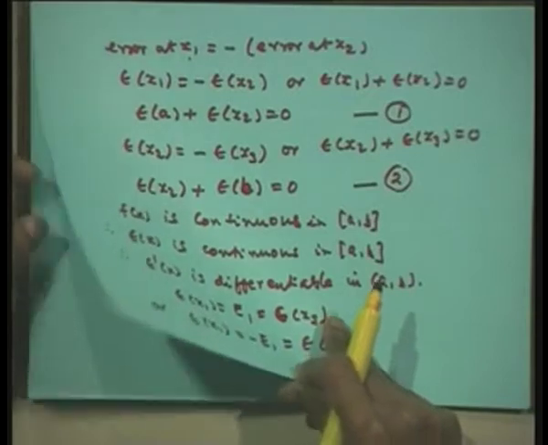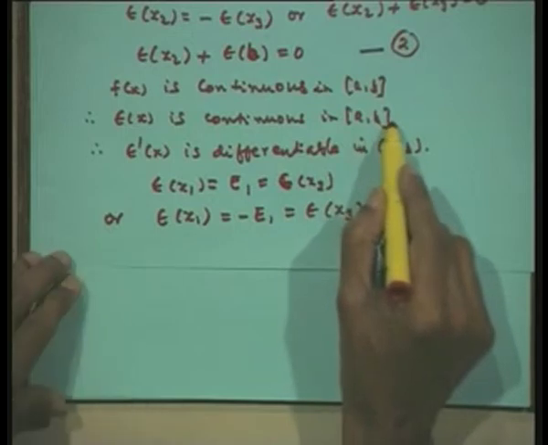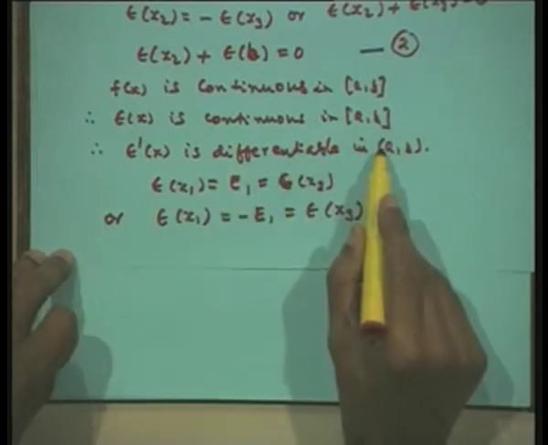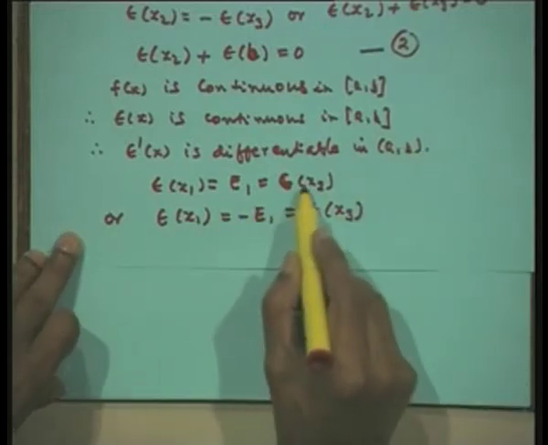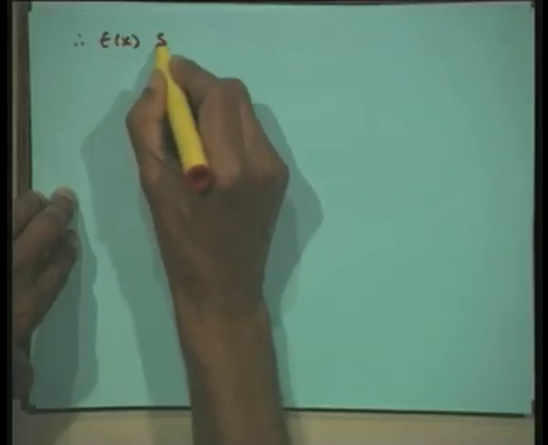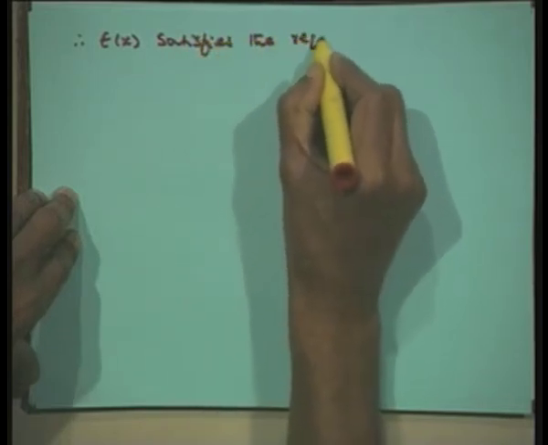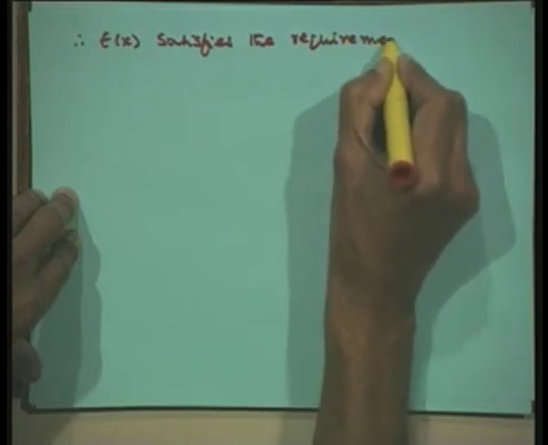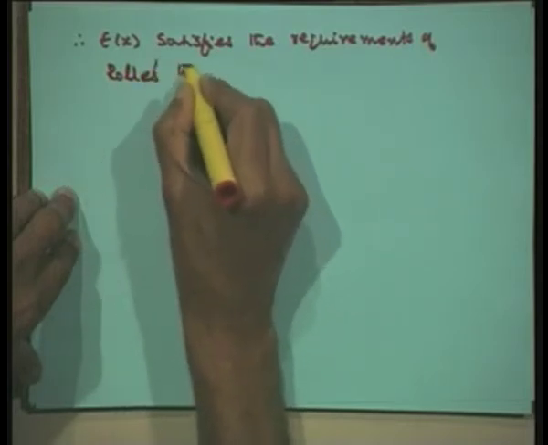Therefore, I have a function epsilon x which is continuous in the closed interval a b, differentiable in the open interval a b, and epsilon at x 1 is equal to epsilon at x 3. Therefore, epsilon x satisfies the requirements of Rolle's theorem.